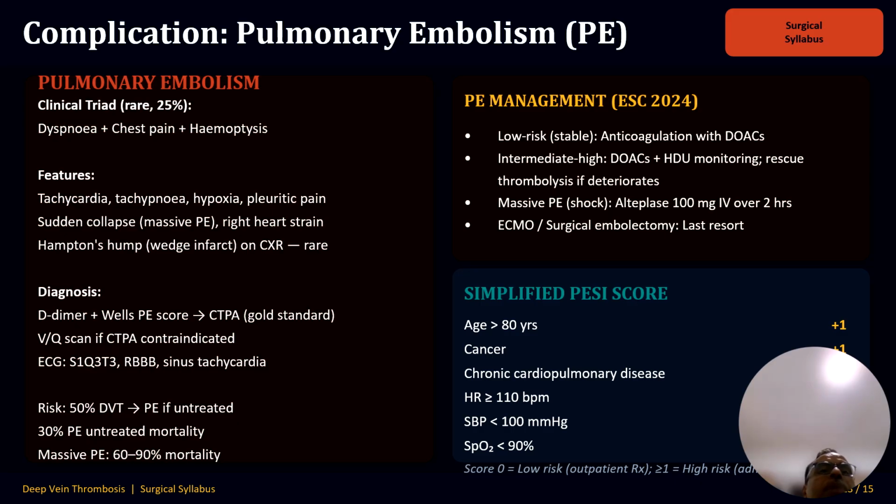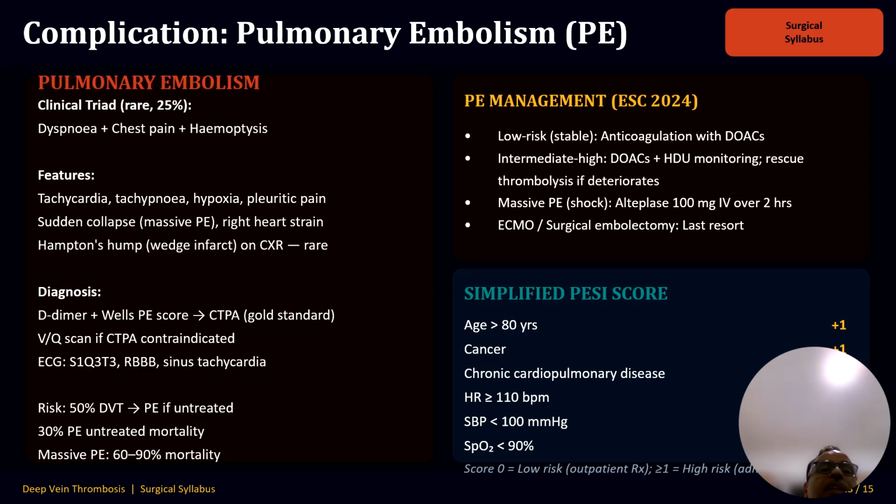The features of pulmonary embolism, which should be suspected in a known case of DVT, is tachycardia, tachypnea, hypoxia, pleuritic chest pain, sudden collapse, where massive pulmonary embolism can occur, right heart strain, Hampton's hump. Hampton's hump is nothing but a wedge-shaped infarct, which is seen as a wedge-shaped opacity on a chest X-ray, which is very rare. Diagnosis of pulmonary embolism is done by D-dimer with Wells pulmonary embolism score.